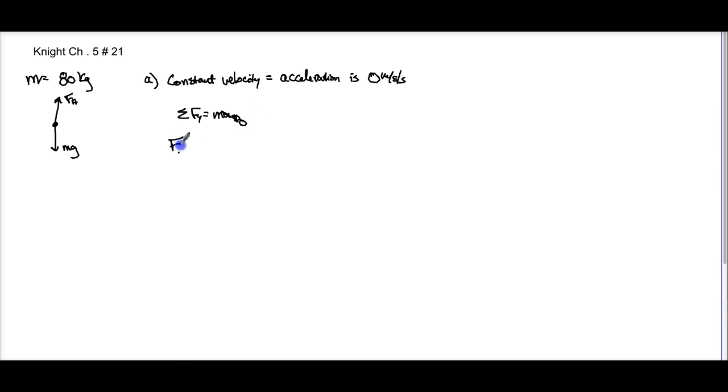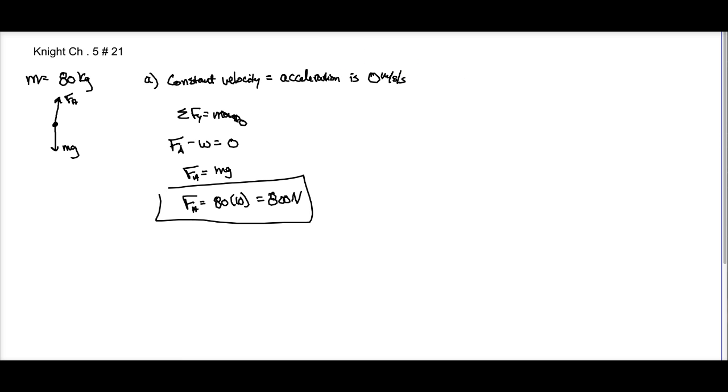And we have his apparent weight minus his weight is equal to 0, or f sub a is going to be equal to mg, or f sub a is equal to 80 times 10, which is then 800 newtons.